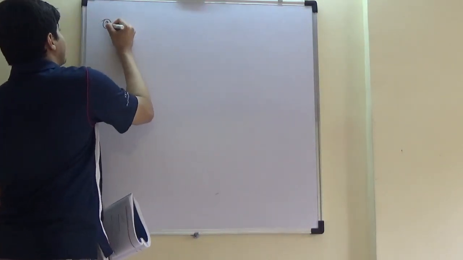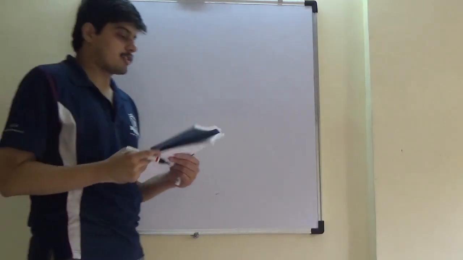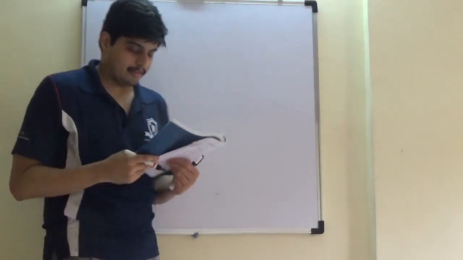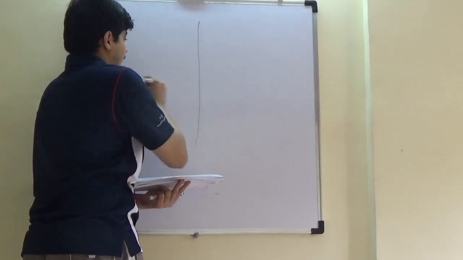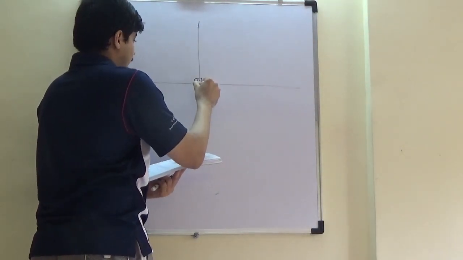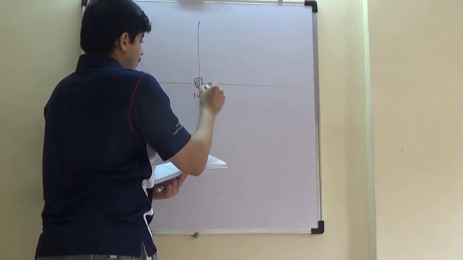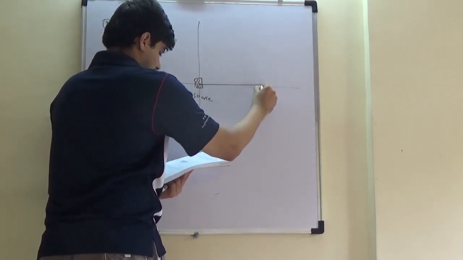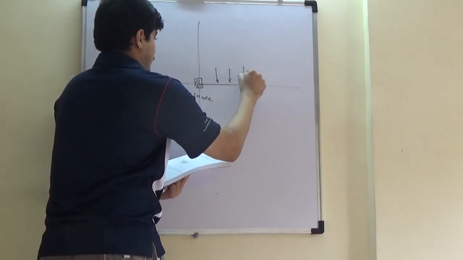Question number 2 talks about a figure we have been given, where there is a source and there is a sink sheet.